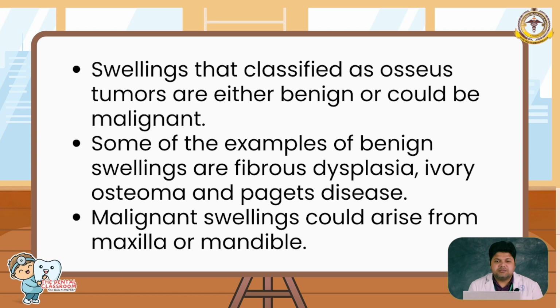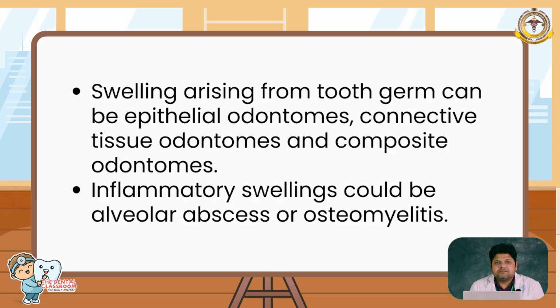Then osseous tumors can be benign or malignant. In benign, we have fibrous dysplasia, ivory osteoma, Paget's disease, and in malignant, whether it is originating from maxilla or mandible. And finally, inflammatory can be alveolar abscess or osteomyelitis.